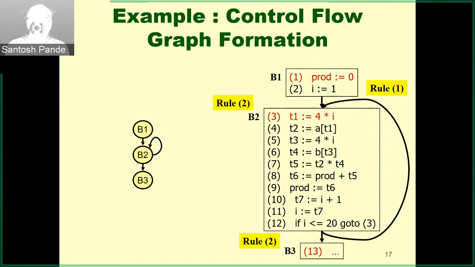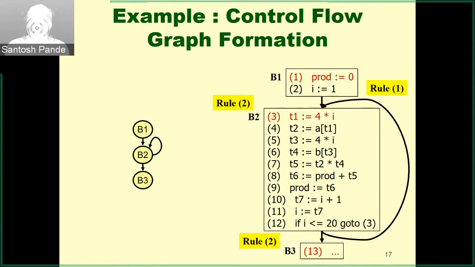Now, it doesn't mean that we can just confine the analysis within the loops. I want to clarify that, because in order to maybe even optimize the loop, for example, in this particular case, I may need to know with regard to I, what is the value of I that is coming in from B1.